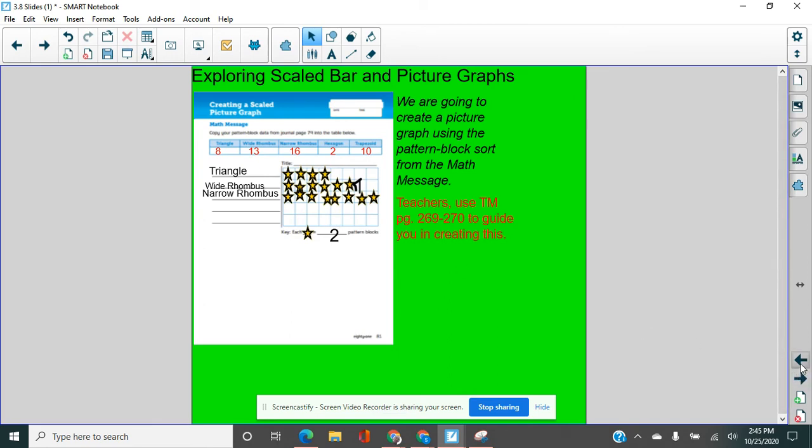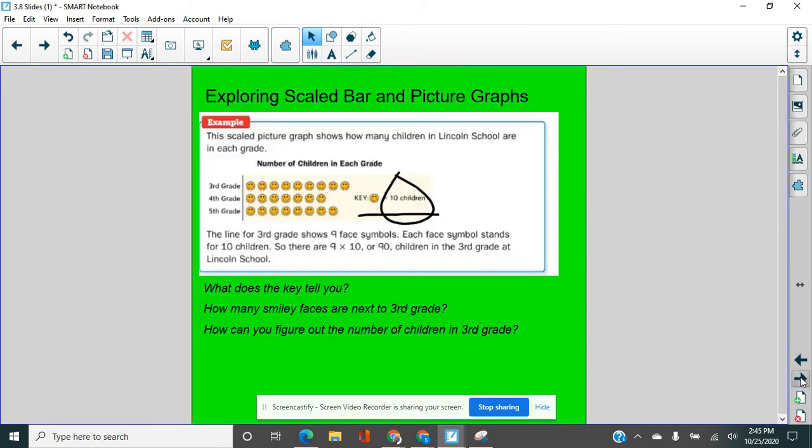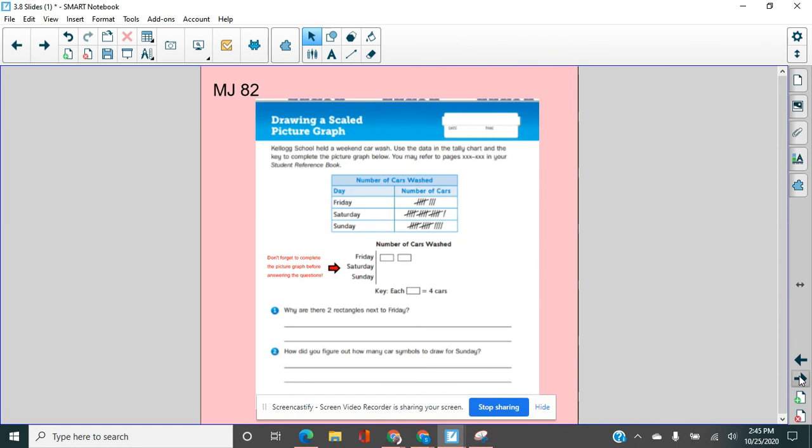All right, so we have gotten a chance to look at scaled bar graphs, right? Mr. White kind of talked us through one. We did one together here. Now, this is the page that you will work on by yourself. It is Math Journal page 82, right? So it's the next page from the one that you're looking at. And here are their directions. Kellogg School had a weekend car wash.